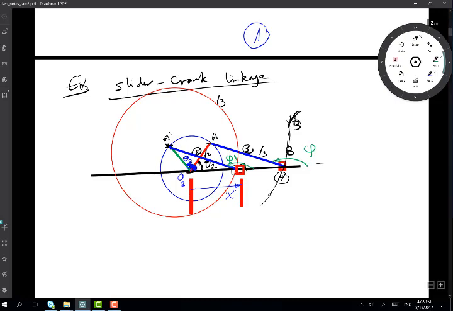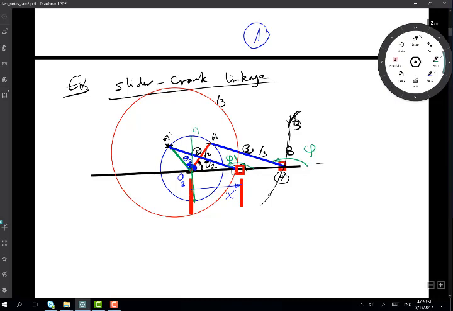The maximum value of this angle phi will happen when point A is vertical like that. This will be as high as the con rod, which is link 3, can travel upwards. And when point A is on a vertical line downwards, this will be as low as the con rod can travel downwards.